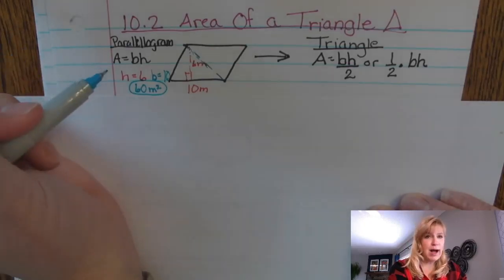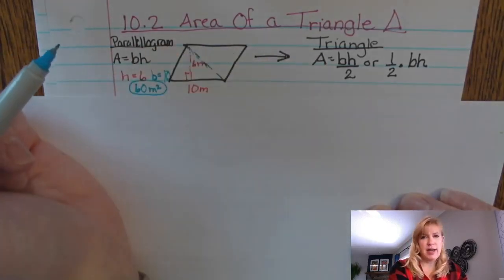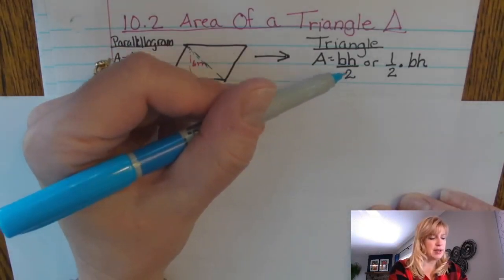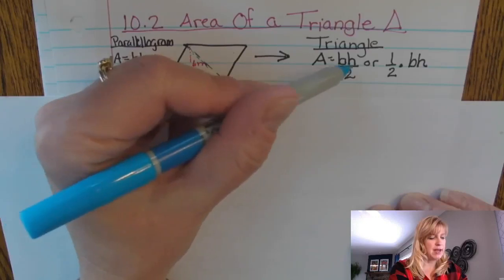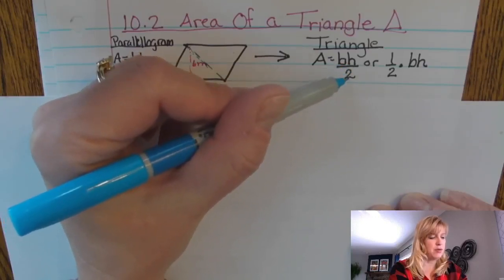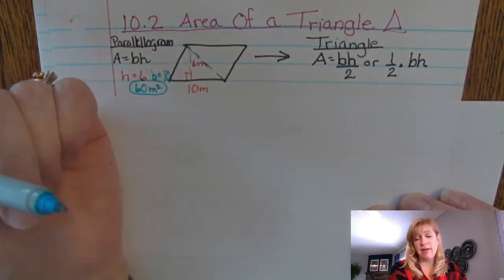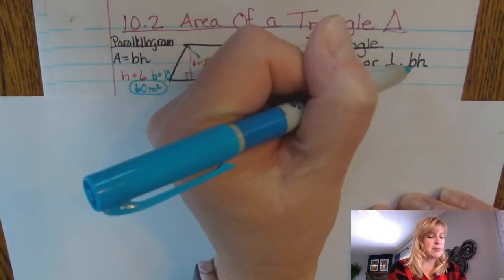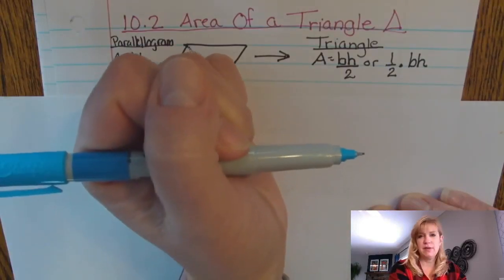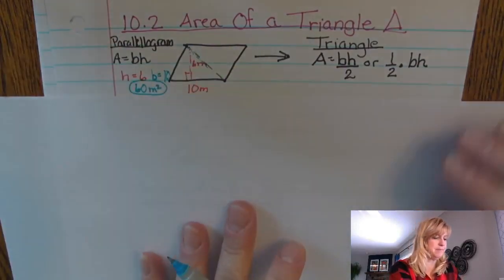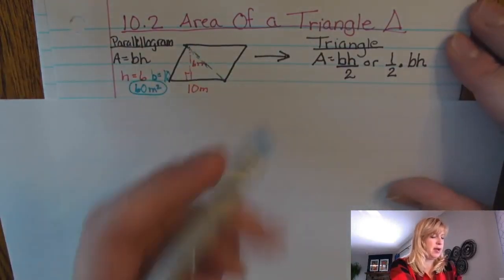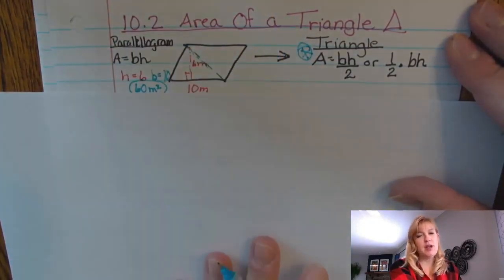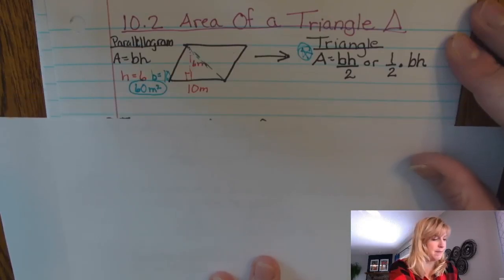So that is why the area of a triangle is base times height divided by 2, or a lot of the time you see it in a textbook as 1/2 times base times height. Either way is just fine. So keep this starred, put this in your memory. You will use this throughout your entire math career.